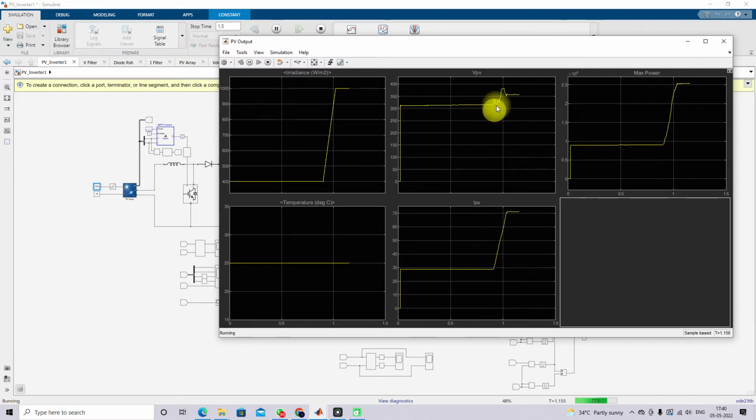This is the variation of PV voltage and current. The current changed from 27 amps to around 73 amps, because we are changing the irradiation from 400 to 1000 watts per meter square.